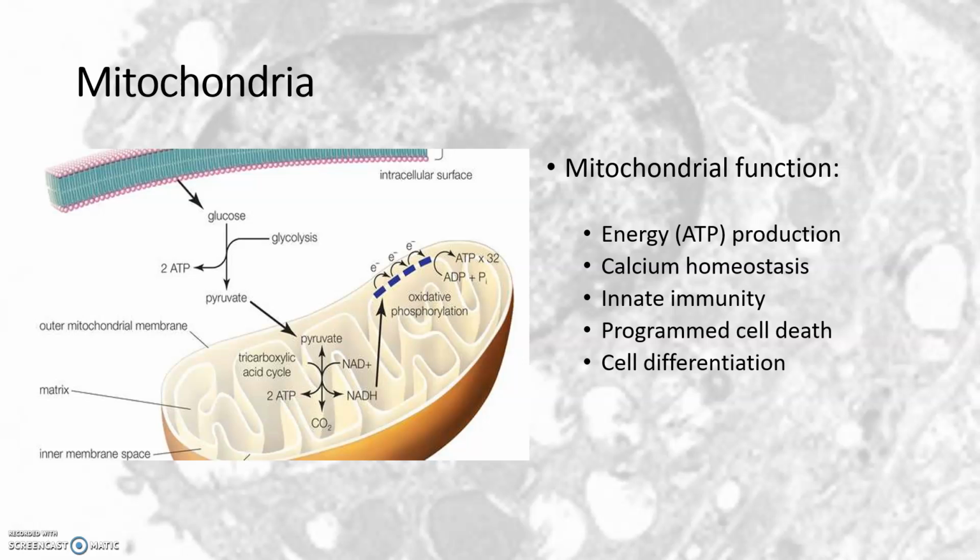So they're really important in producing ATP due to aerobic respiration. They're also important in maintaining calcium homeostasis. They play a part in innate immunity, and similarly, they may be important in programmed cell death and in the process of cell differentiation.